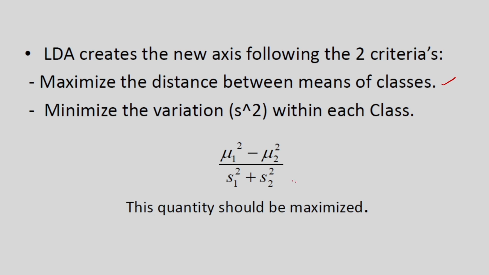So I have to minimize the variation within the class, and also maximize the distance between the means of the classes. So this quantity I have to maximize.